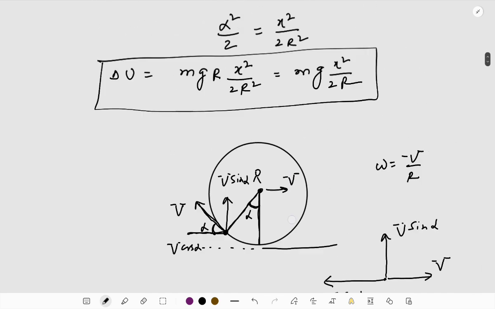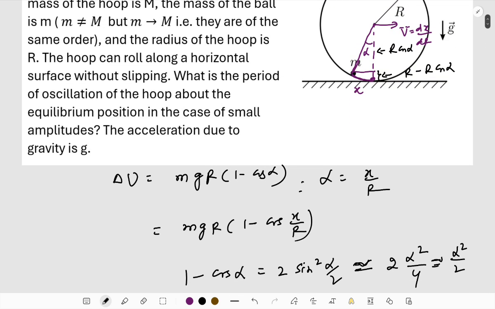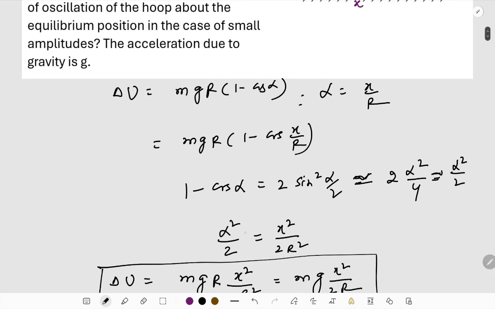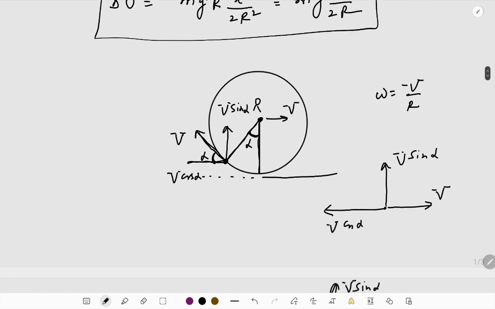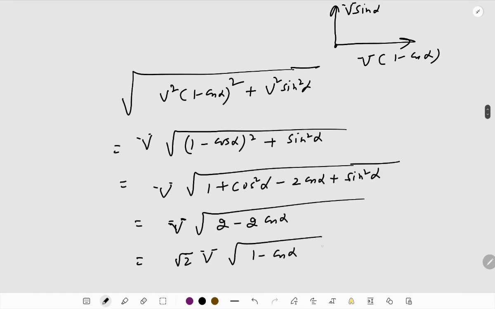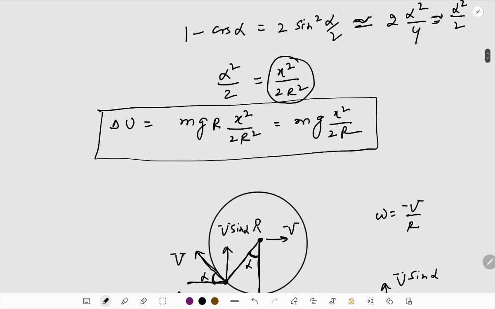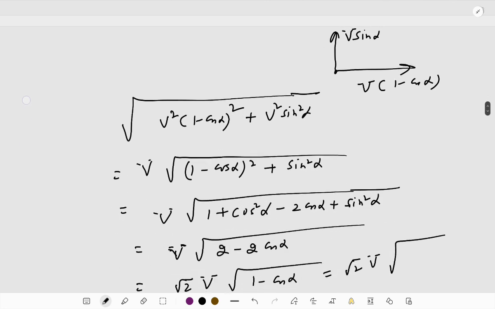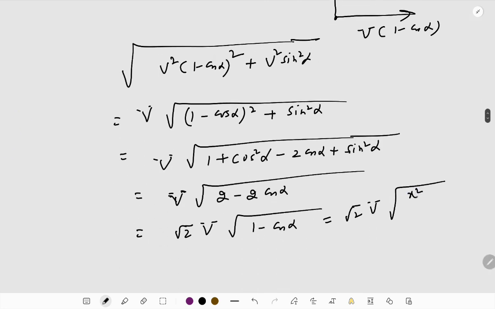I missed out. Yeah, the 1 minus cos alpha value is this, x square by 2r square. So its value becomes root 2 v under root x square by 2r square.